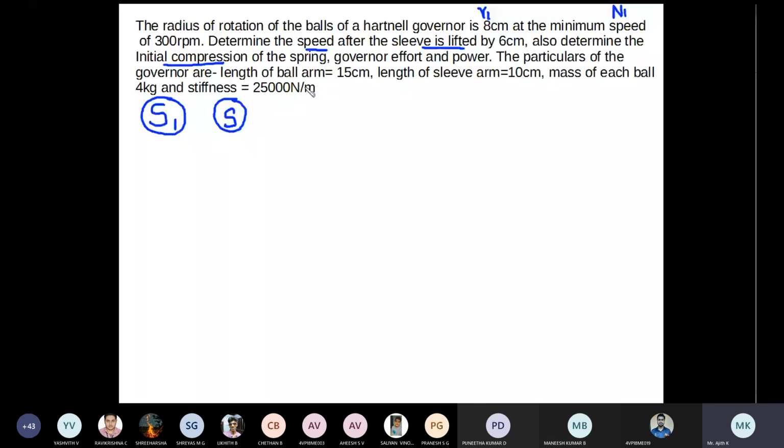So initial compression is given by S1 by S. That part I will tell you later. Also, you have to find the governor effort and power. The details of the governor: length of the ball arm is 15 centimeter, length of sleeve arm is 10 centimeter, mass of each ball is 4 kg, and stiffness is 25,000 Newton per meter. This stiffness, or rate of spring, or spring constant, is small letter s.